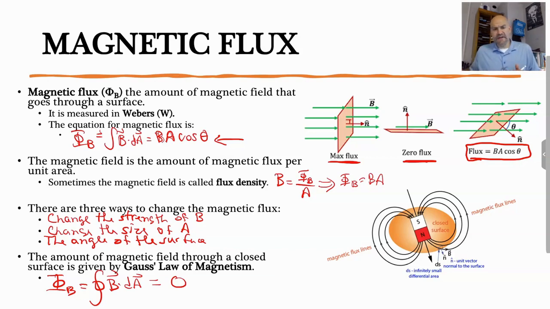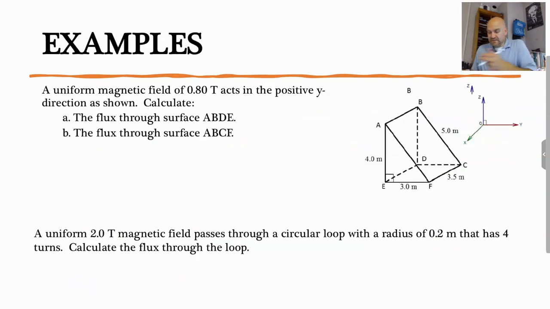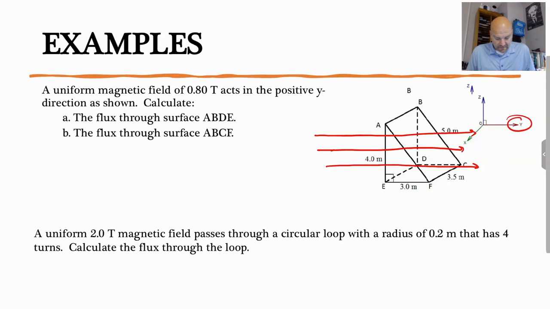Let's look at a couple of examples that are going to be on one slide. You have a uniform magnetic field of 0.80 Tesla acting in the positive y direction as shown. If you notice, the y direction is actually pointing to the right. So we have this magnetic field passing through this surface.